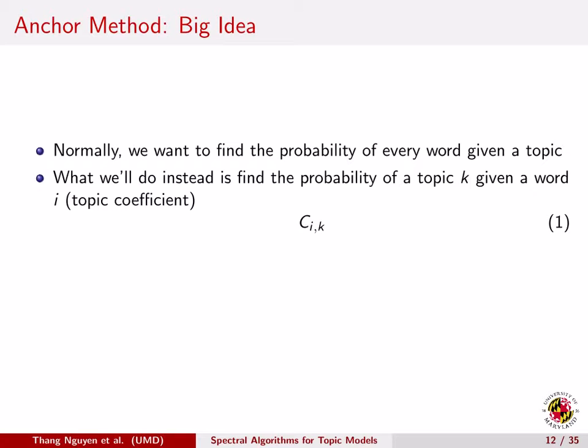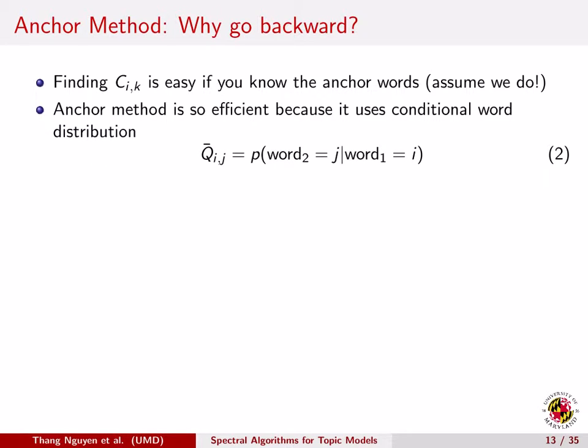We're going to be looking for these topic coefficients C that are the probability of a topic given a word. But it's fairly easy to flip this around using Bayes' rule. Figuring out what all of these coefficients are is fairly easy if you know what the anchor words are. And again, we're assuming that this is given to us a priori.